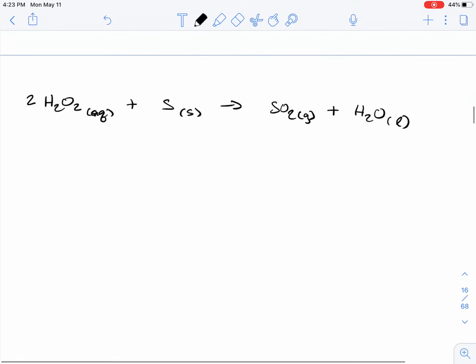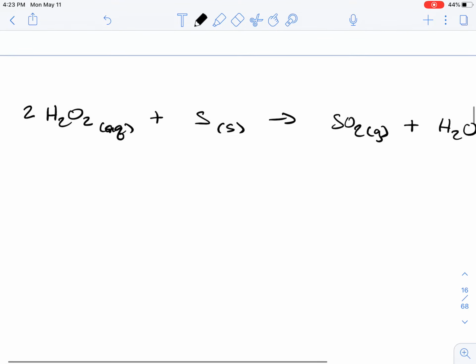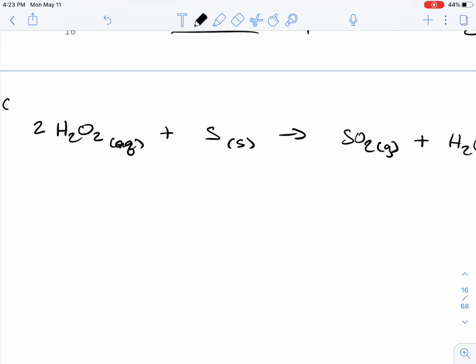All right, and so what we're going to do is assign oxidation numbers. And when we're assigning oxidation numbers, do not pay attention to the coefficient. If you go through Tyler DeWitt's video on how to identify oxidation numbers for more complex chemical equations, you will be able to see the rules that he listed there.